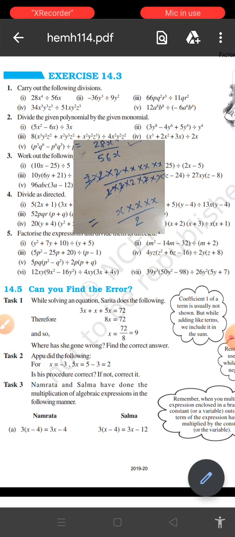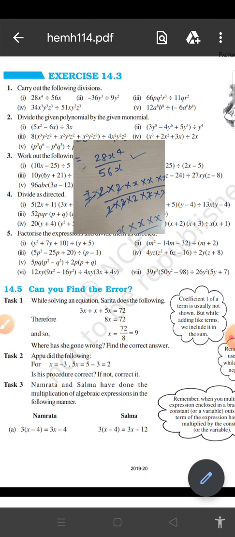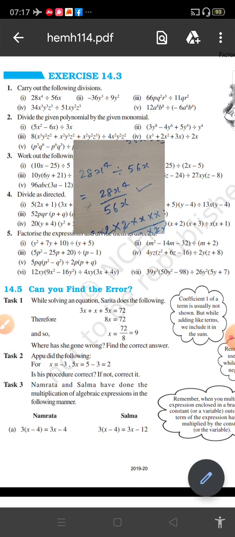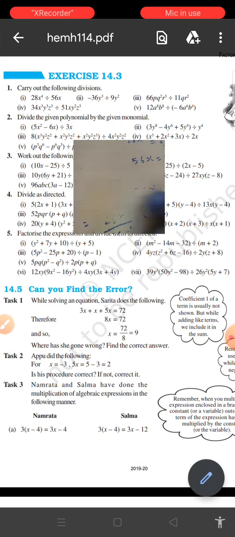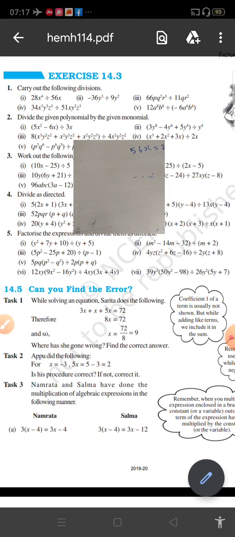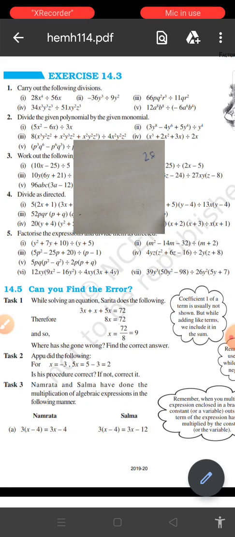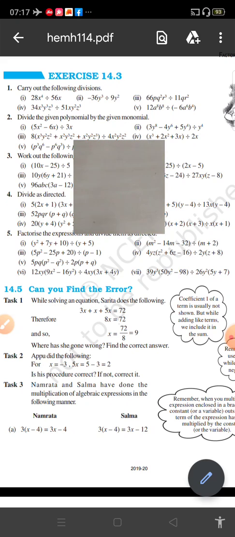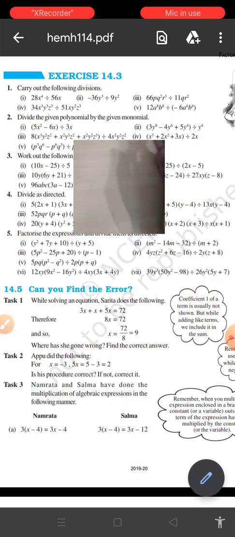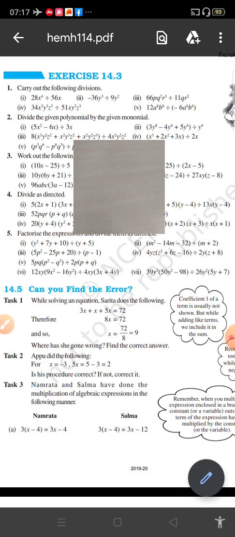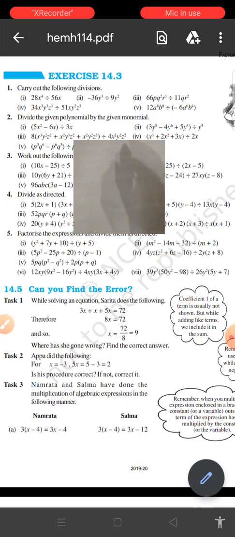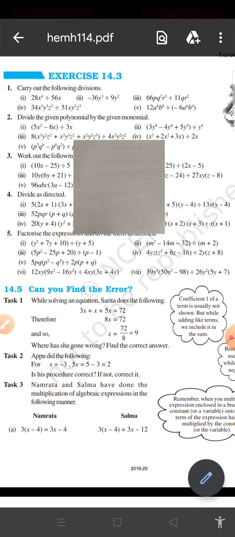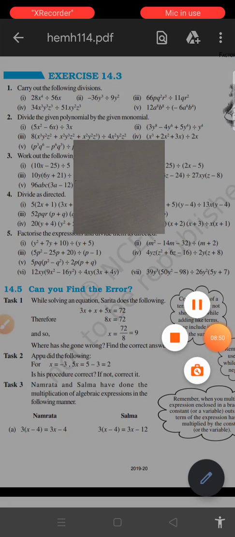Now we are going to solve the second part of this question number 1. In the second part you can see here this is given. Wait one minute please.